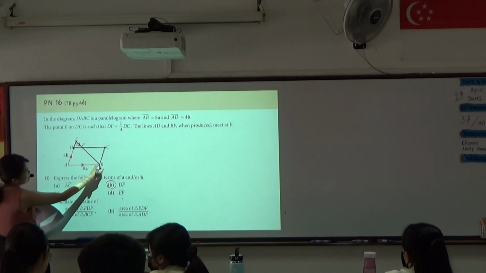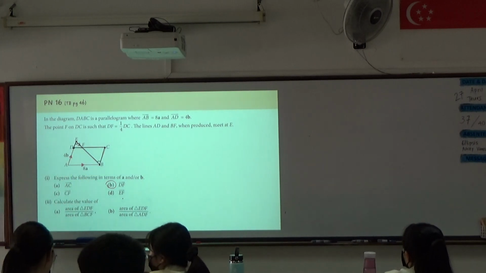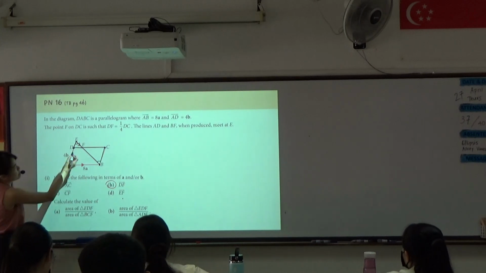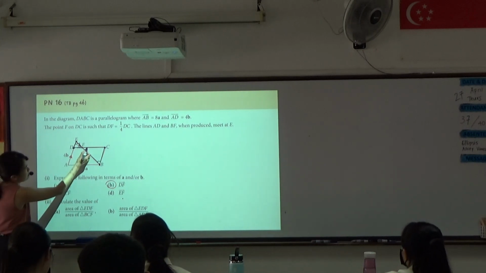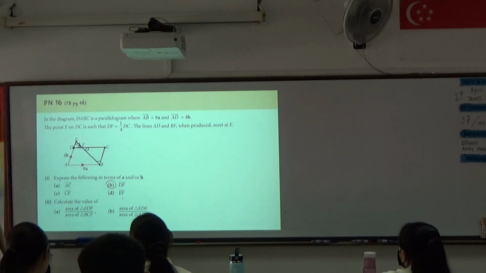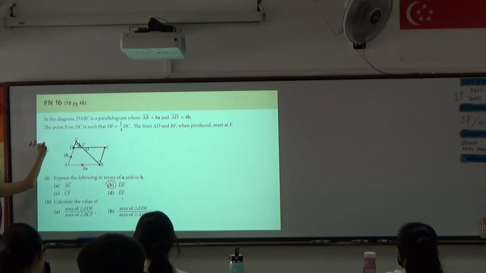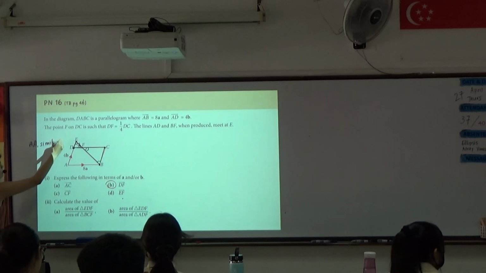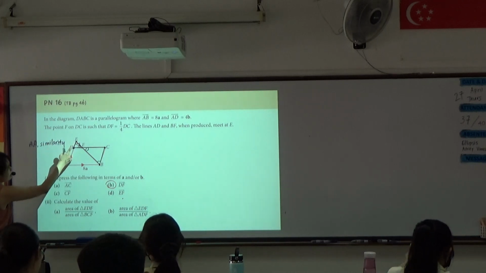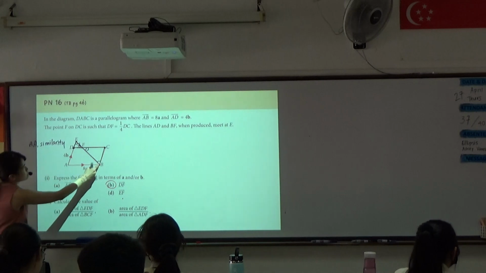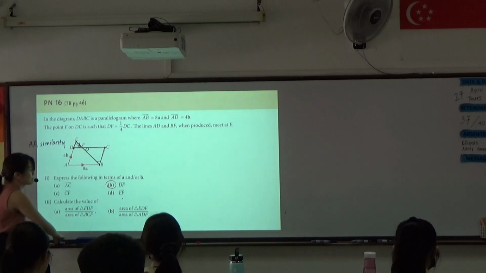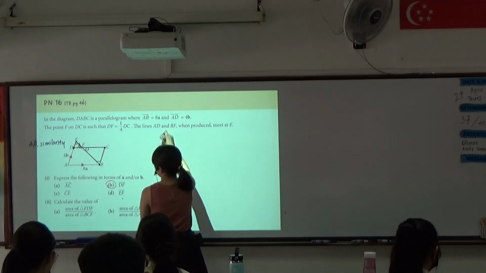So we know that this angle and this angle will be equal due to your alternate angles parallel lines property. And then we also see property of vertically opposite angles. Okay, so using our AA similarity test, I can easily identify that triangle EDF is similar to triangle BCF. Okay, so let me write that down first.